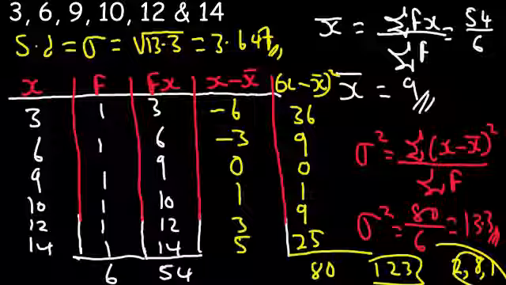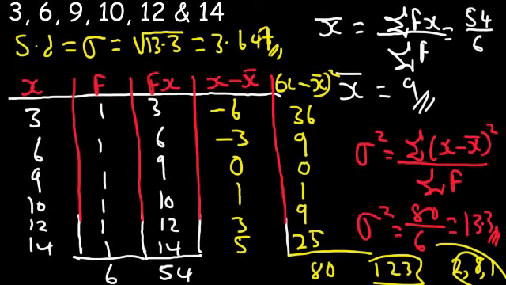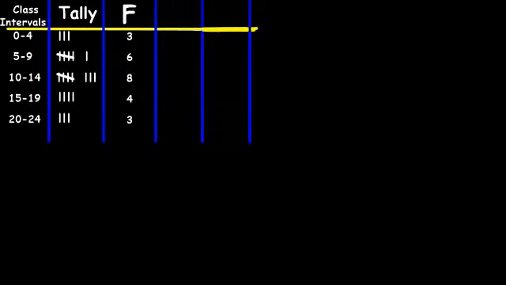And let's consider finding the variance and standard deviation of grouped data. Considering the frequency distribution tally table on the board, feel free to pause the video and find the standard deviation and the variance. Just like before, we are going to use the population variance formula.